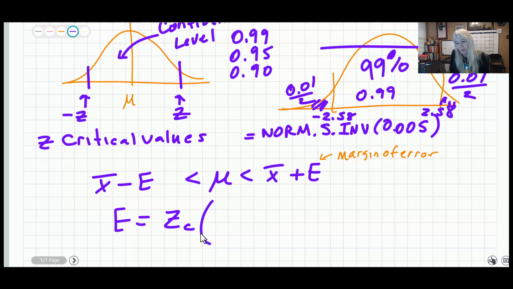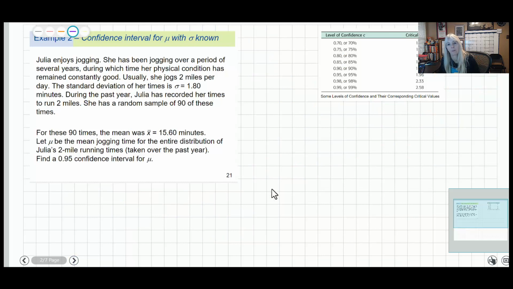And then if you remember, this was our standard error. And so now we can come up with this error to wrap our interval around our population mean. All right, so now that we have a way to compute this error, let's go through an example.